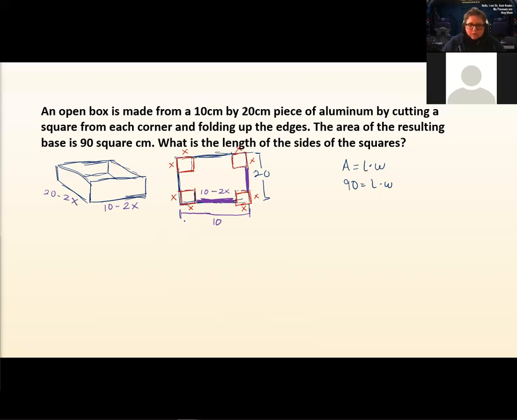So that means that our new length and width are 10 minus 2x and 20 minus 2x. So our length and width that equal 90 are 20 minus 2x and 10 minus 2x.